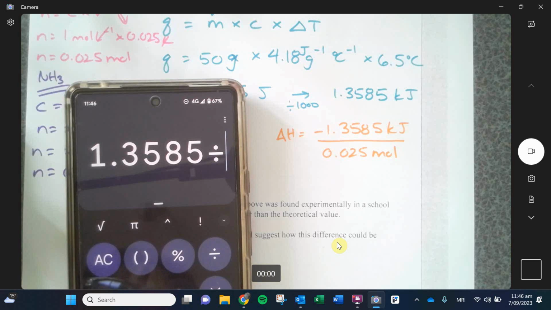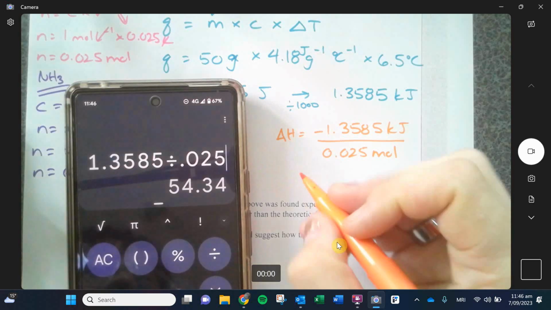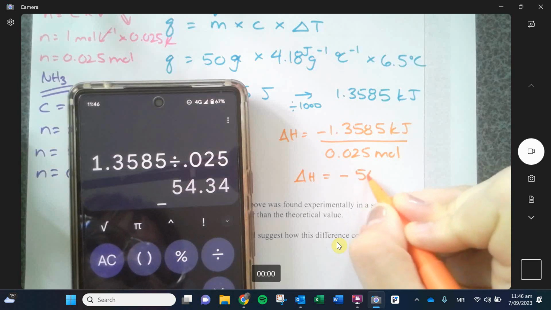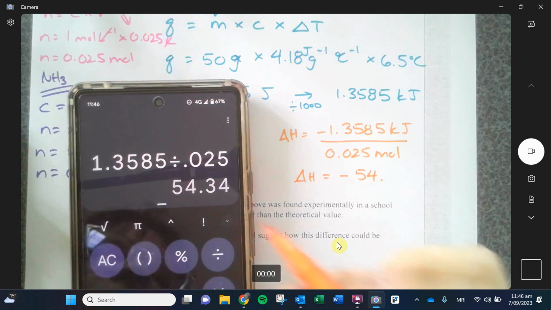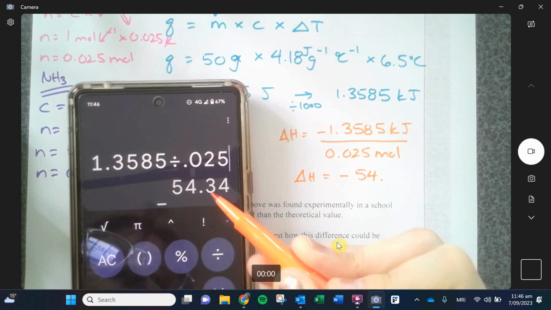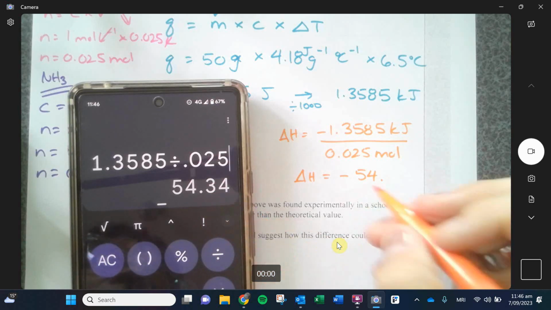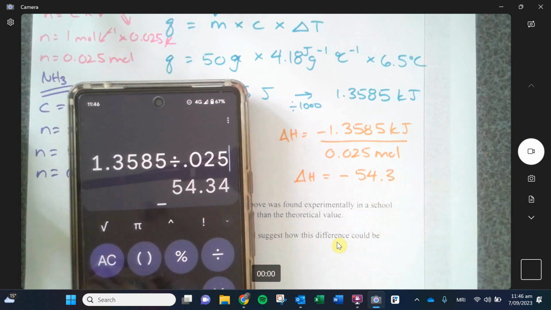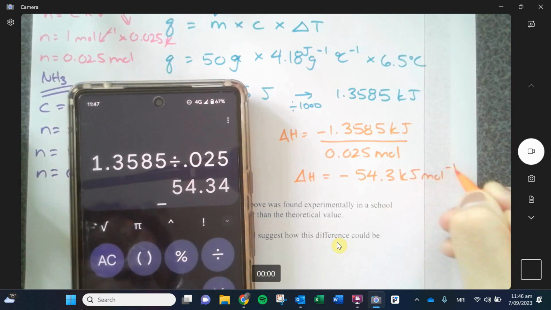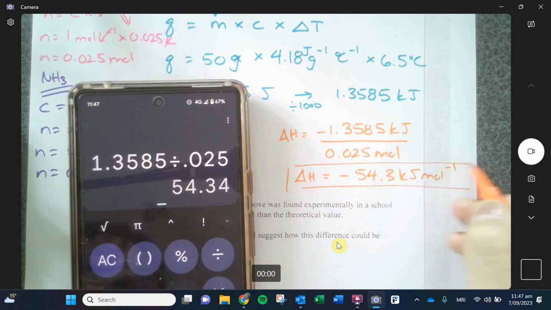So I get delta H equals negative 54, and I want to do three significant figures. I look at the 3, because that's 1, 2, 3 sig figs. There's a 4 there, so I round down, and I just take 3. And I would go kilojoules per mole as my final answer.